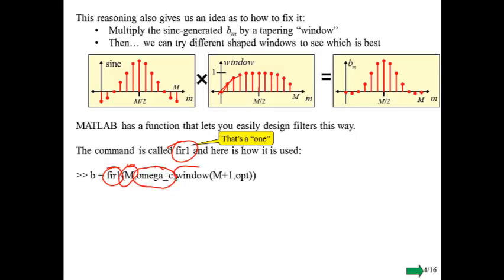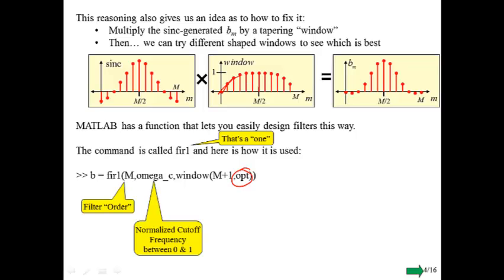And then you tell it what window you want to use. The window will need to have a length of M plus 1, since order M ends up being M plus 1 coefficients in your B vector. And some windows have optional parameters that you have to put in.